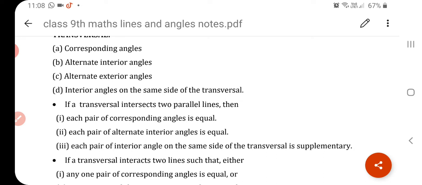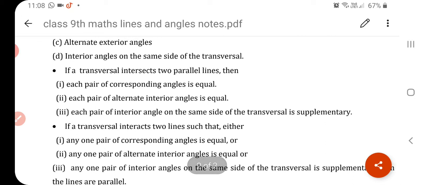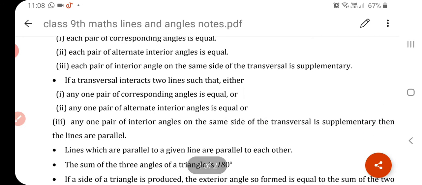If a transversal intersects two lines such that any one pair of corresponding angles is equal, or any one pair of alternate interior angles is equal, or any one pair of interior angles on the same side of a transversal is supplementary, then the lines are said to be parallel. Understand? Lines which are parallel to a given line are parallel to each other.